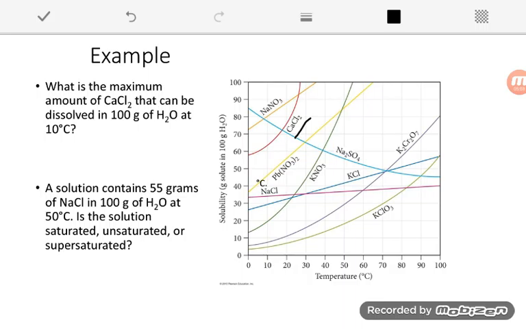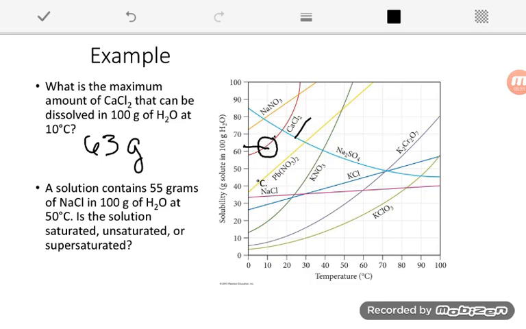And now we need to look at 10 degrees Celsius. So at 10 degrees Celsius, we're about right there. So we can see, and of course we have to estimate on the graph, but I would read this on the y-axis as, let's say about 63 grams. So at 10 degrees Celsius, I could dissolve about 63 grams of calcium chloride in 100 grams of water.